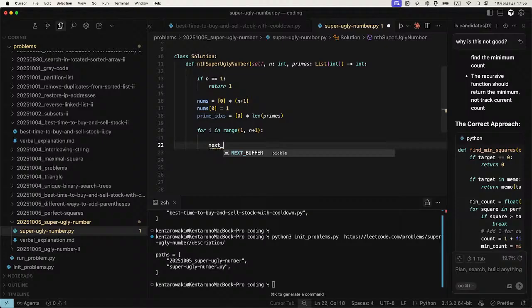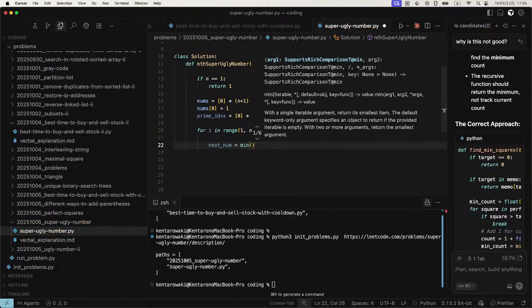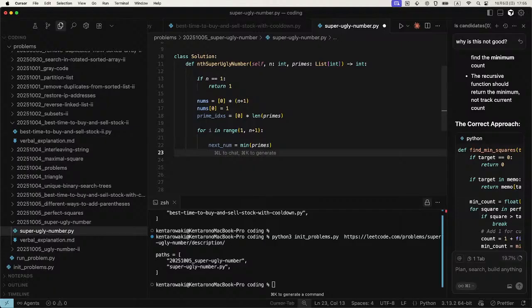The next num is the minimum value among the candidates, and we append next num to nums.